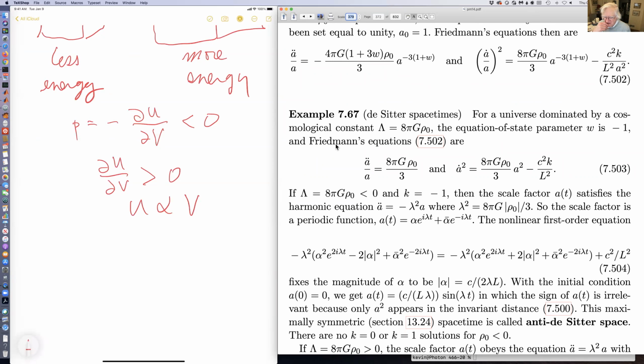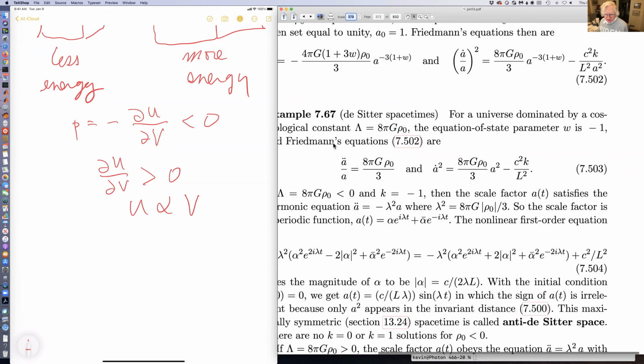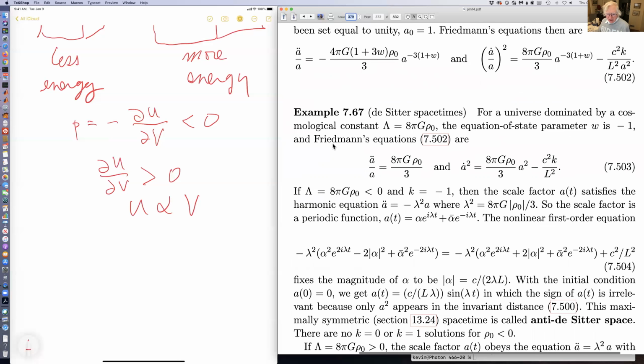The energy density of empty space is positive, not negative. So the actual universe is not anti-de Sitter, as far as we know.